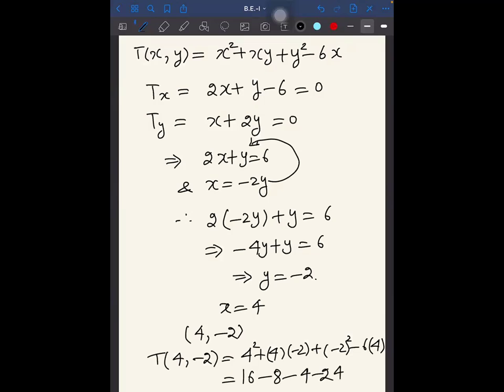Sir, should it be +4? Yes, it should be +4. Let me correct this. So this should be +4 minus 24. So -20 and +8, so -12. Is it fine? Okay, so this is our first value, that is -12.